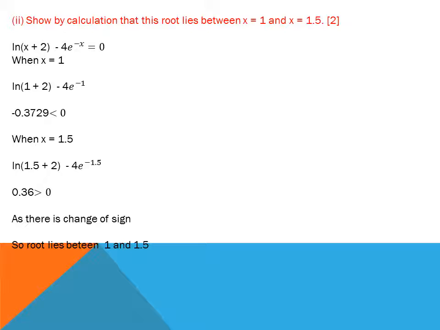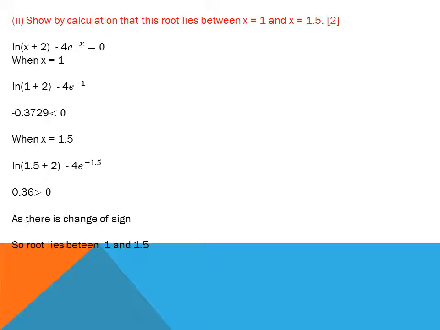It's a very easy part. First, I simplify the equation: ln of (x plus 2) minus 4e power minus x is equal to 0. Then put x is equal to 1 in this equation. I find that the first value is minus 0.3729, which is less than 0.